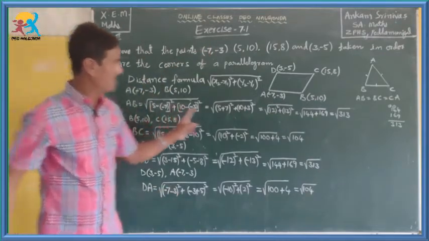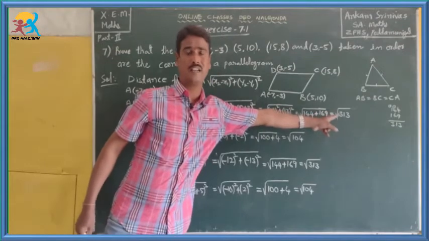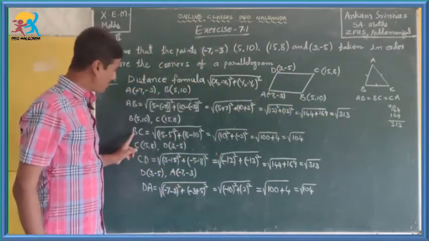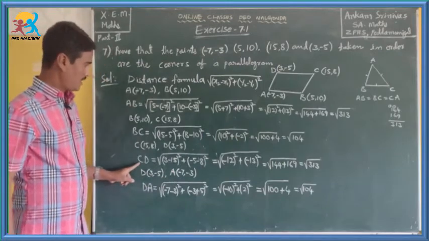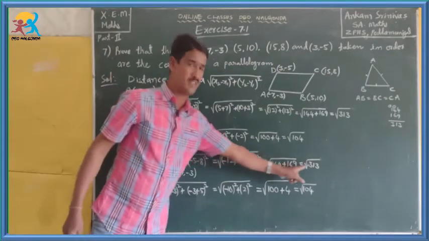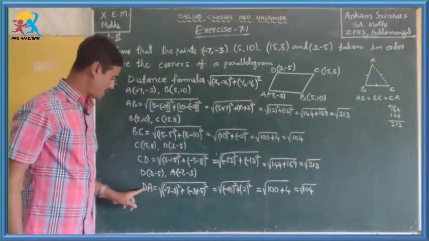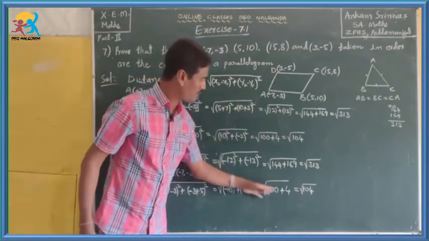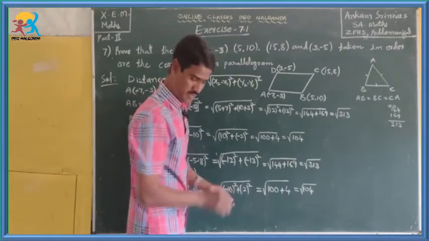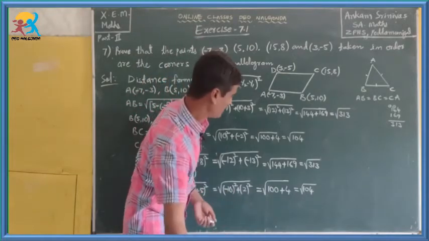What do you observe here? Length of AB is square root of 313, BC is square root of 104, length of CD is square root of 313, and length of DA is square root of 104. We clearly observe that the lengths of these two are equal.